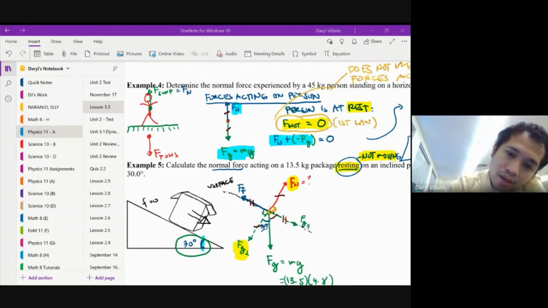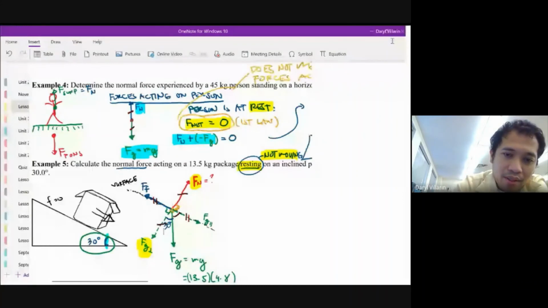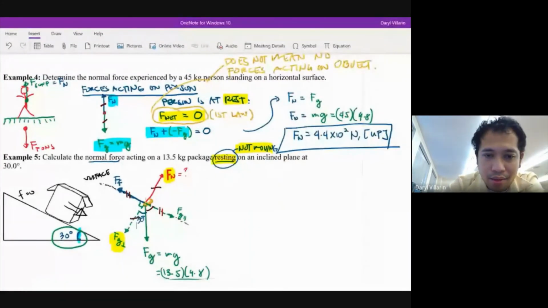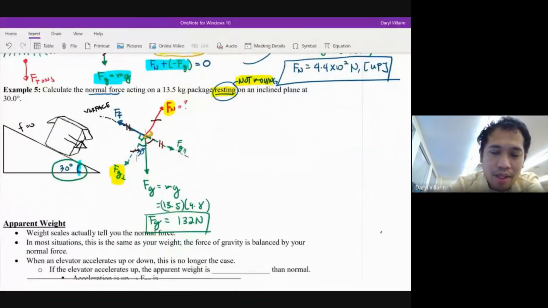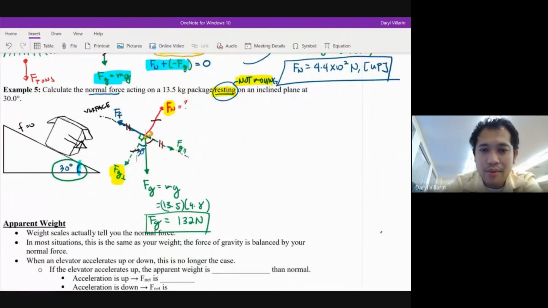Again, if you miss the location of the angle, that would also flip the perpendicular force and the parallel force.